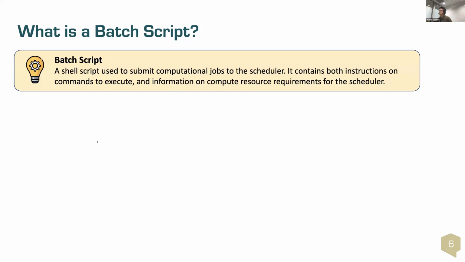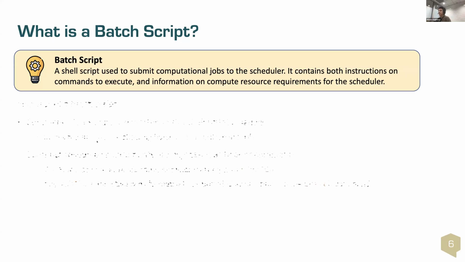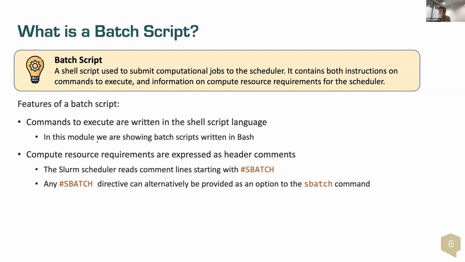And then in that script, you have information for the scheduler to reserve your resources, but also the rest is just a normal bash script with a series of commands that needs to be executed for the job to run. Okay, so features in a batch script are the header with the sbatch that you already saw.